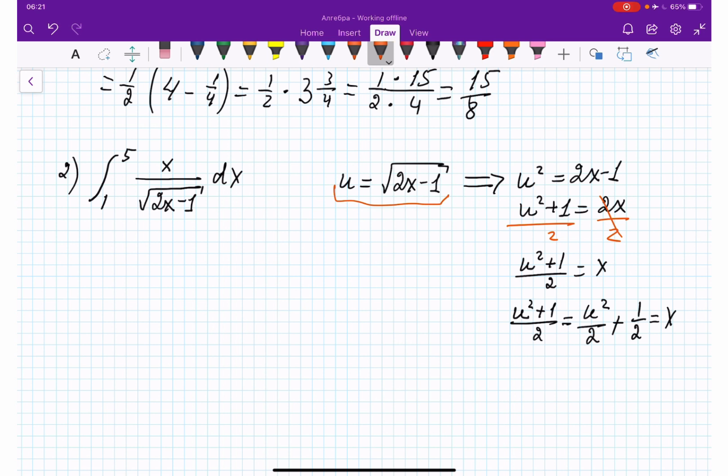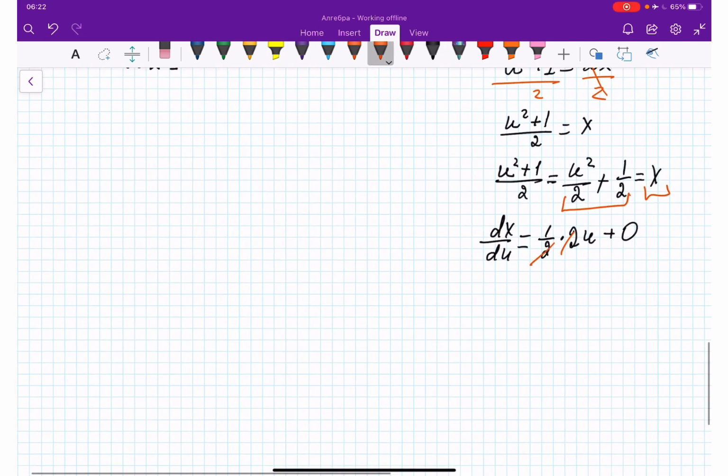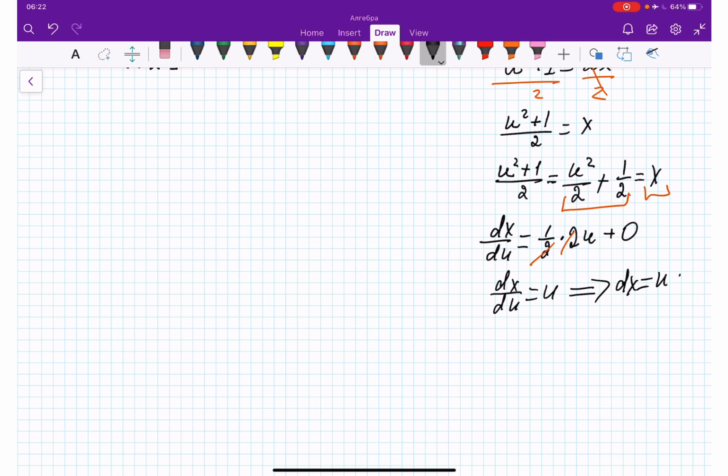Then we take the derivative on both sides. So dx by du is equal to 1/2 times 2u, plus 0, obviously. The 2 here and here is gone, and we are getting dx by du is equal to u, and from here dx is equal to u du.